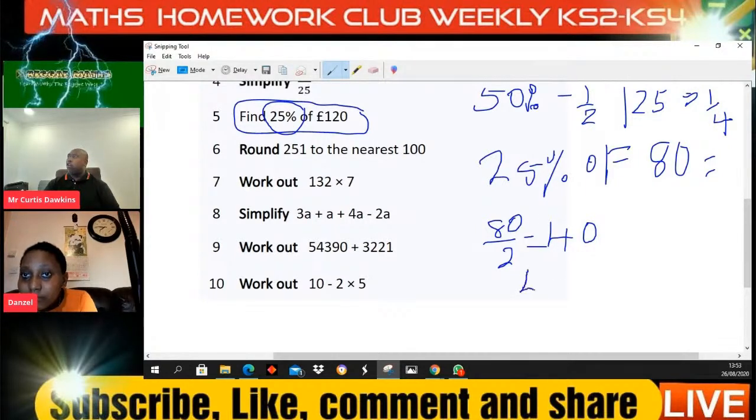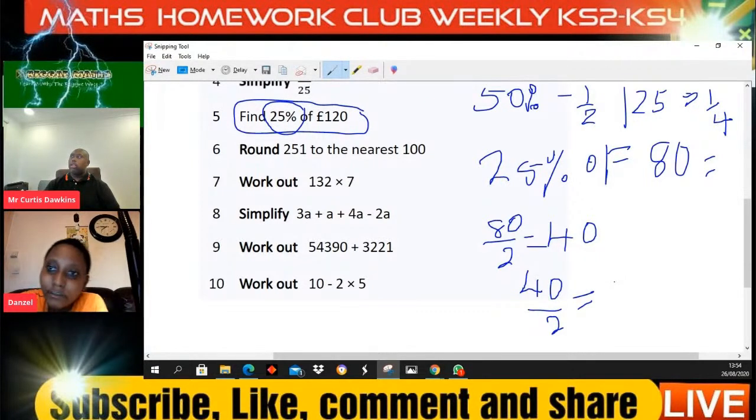So what's half of 40? How many times can 2 go into 40, Denzel?